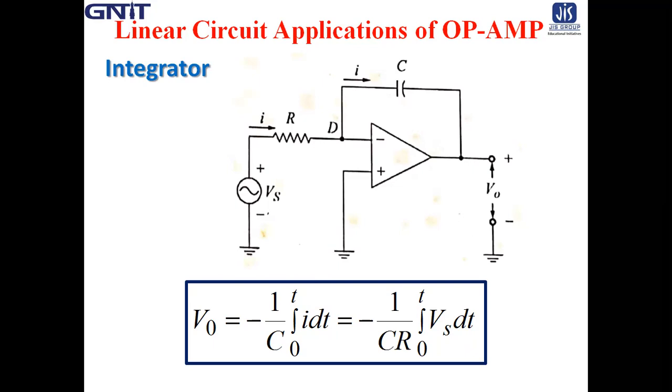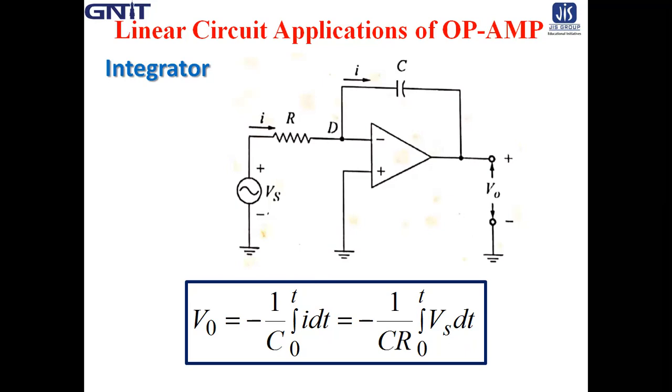Thus the output voltage is a scaled version of the integral of the input voltage. That is, the output voltage is directly proportional to the negative integral of the input voltage and inversely proportional to the time constant RC.